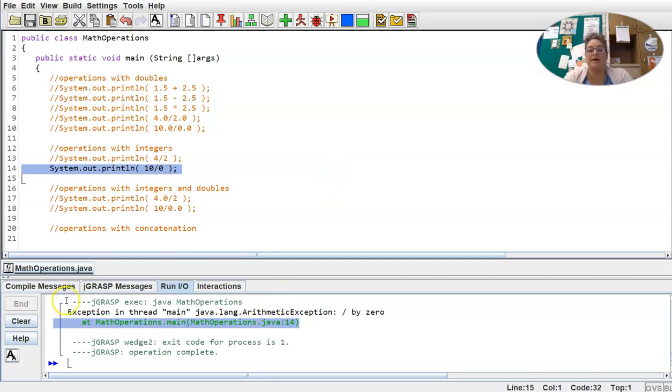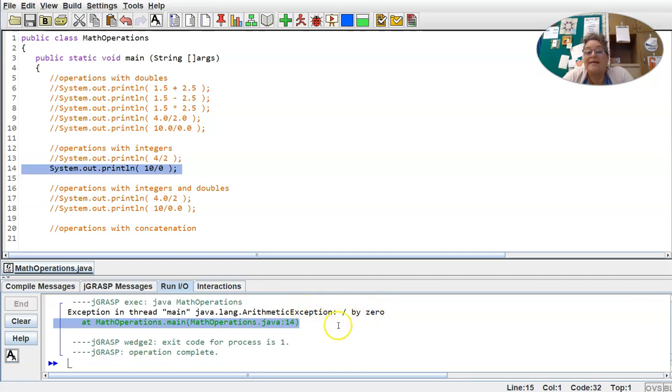Okay, now this time we have an error. We have an error at compile time, so this program didn't even run. And it tells us there is an exception in thread main, and it's an arithmetic exception, divide by 0.